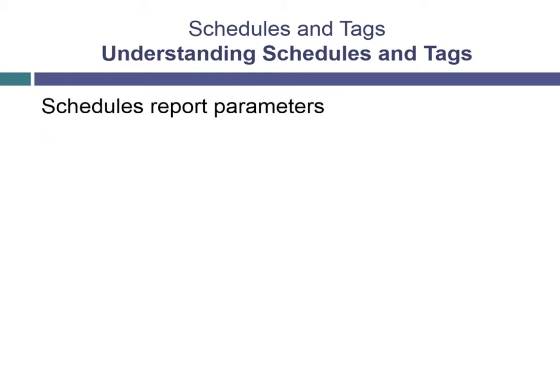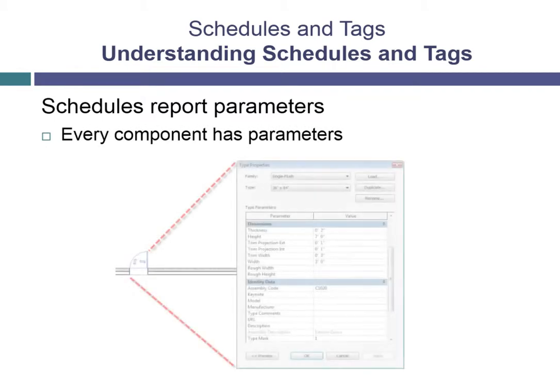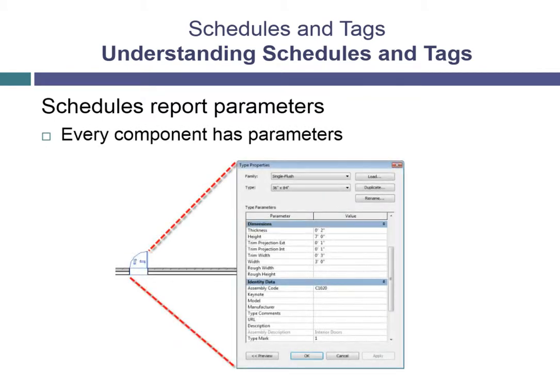Schedules in Revit typically report information based on the parameters associated with building elements. For example, every door component in Revit has parameters that keep track of the height, width, and thickness of the door, as well as its material, fire rating, door number, and so on.